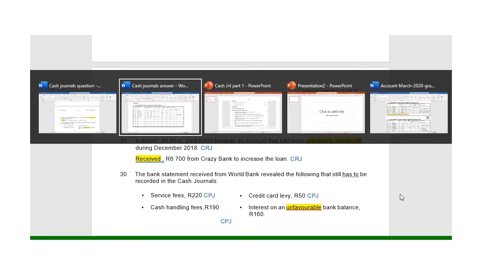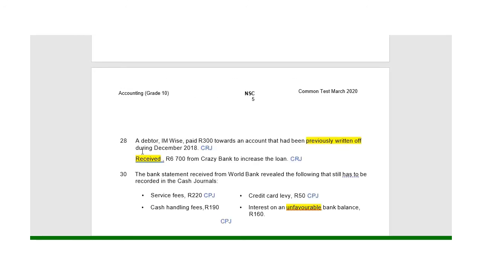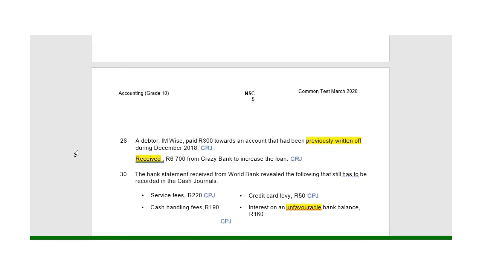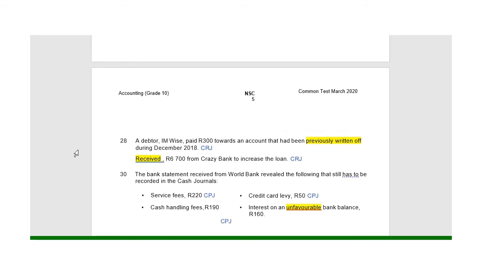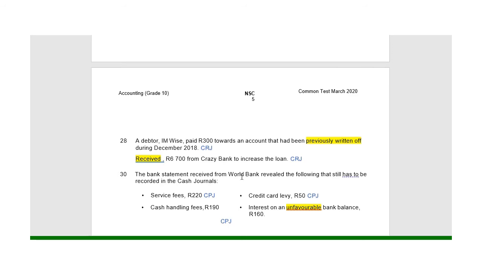Okay, so let's first put in the day of the 28th, and it would be a receipt that we issue because we receive money. Next receipt, previous one was 82, now it's 83. And it happened on the 28th. Who am I receiving from? I M Wise. What is the amount that I receive? 300 Rand.